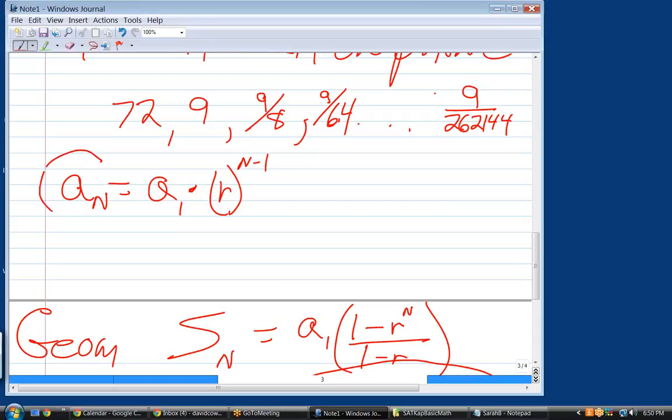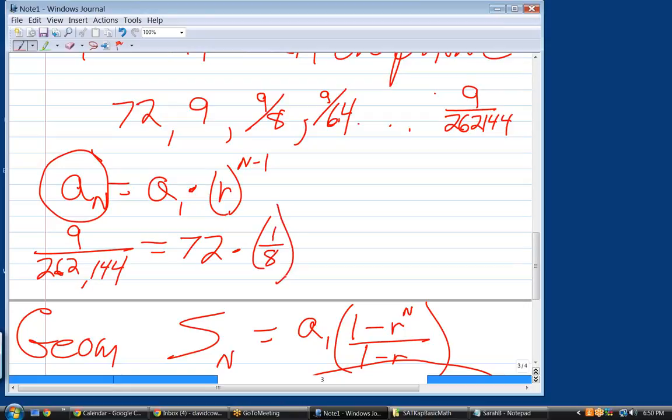Well, we know what a sub n is. That's 9 over this number. We know what a sub 1 is, 72. We know the common ratio is 1/8 to the n minus 1. So now we have to solve that equation. Notice that we're looking at an equation that only has one variable, n.